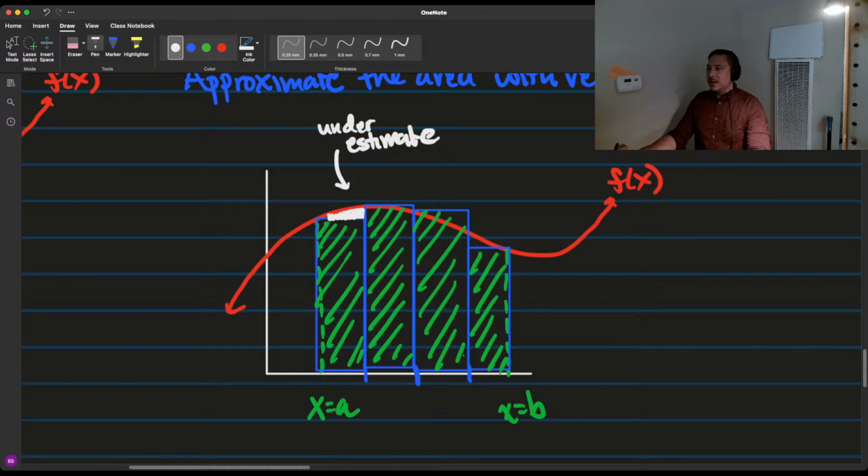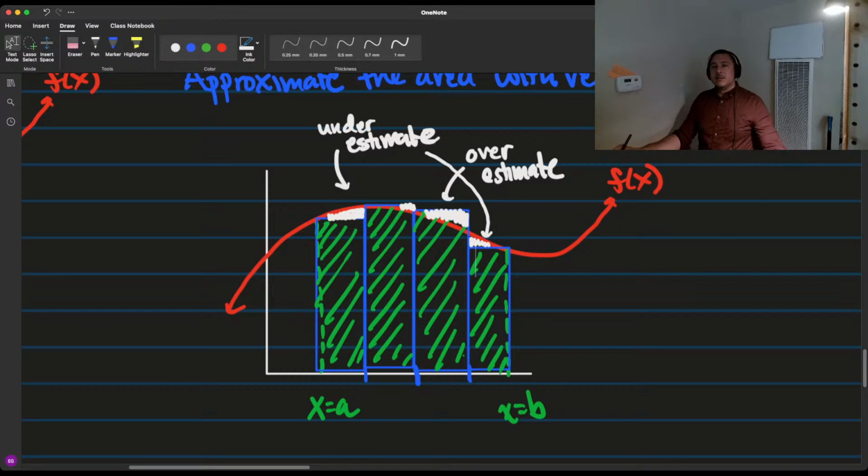Do you get what I mean by that? It's too small, it's an underestimate. What happens right here and right here with the rectangles? Yeah, exactly, it's too big. And then finally, the last one, also an underestimate.